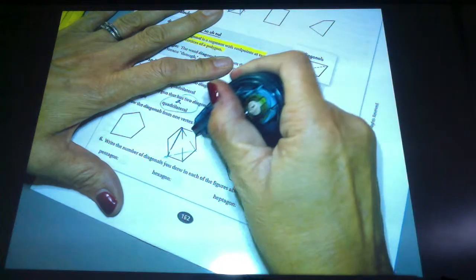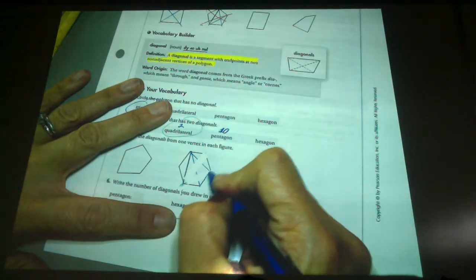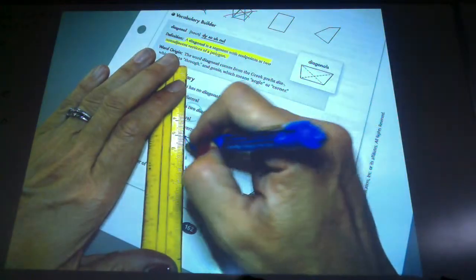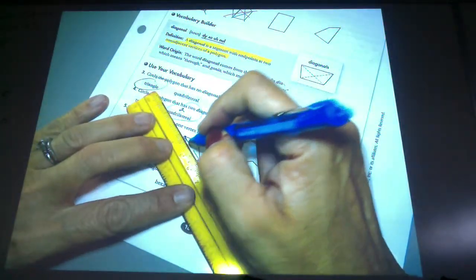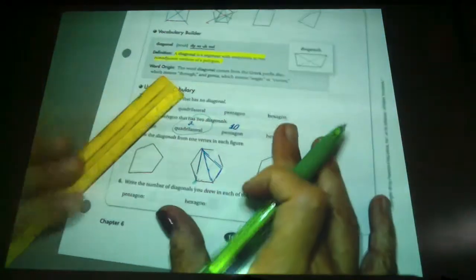Because I only want you to draw it from one vertex. Alright, so from one vertex, that's what this one looks like. And then on this one, choose any vertex you want.